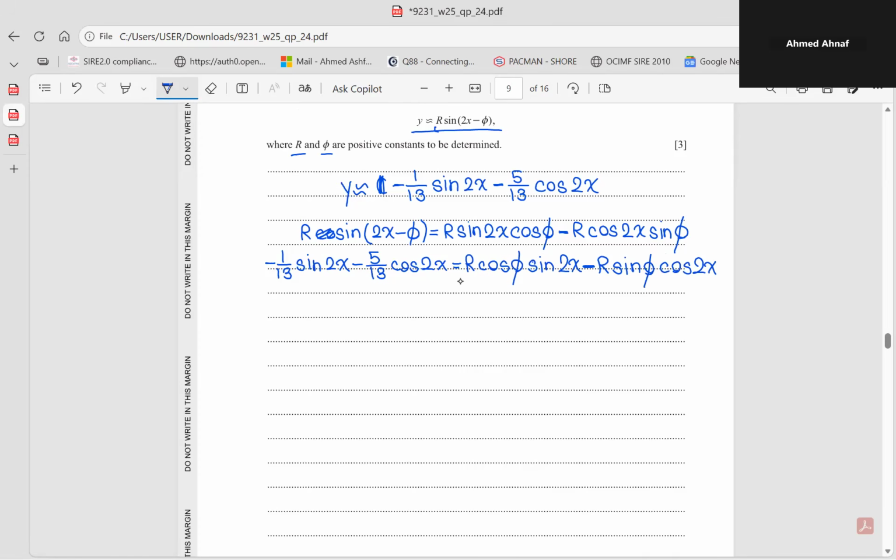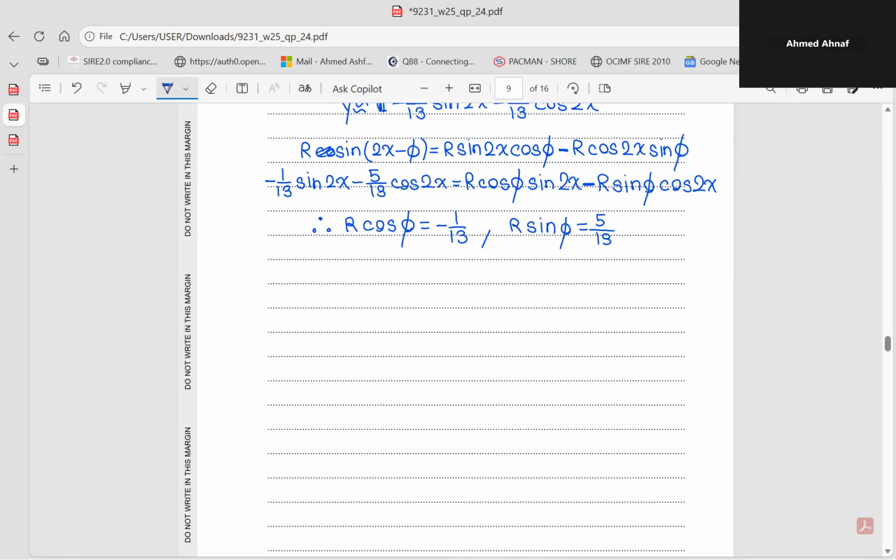So by equating coefficients, we can tell that R cos phi equals negative 1 over 13 and R sine phi is 5 over 13.